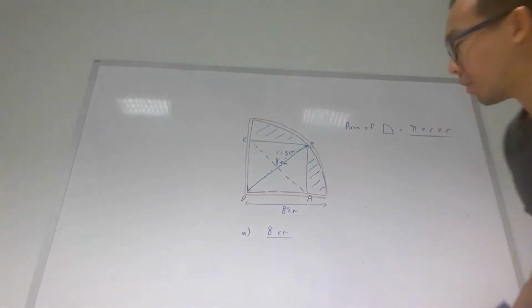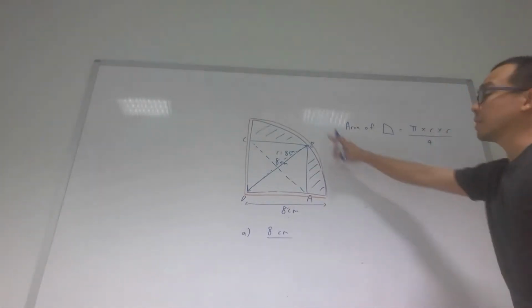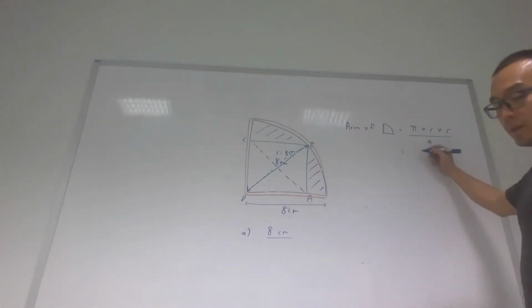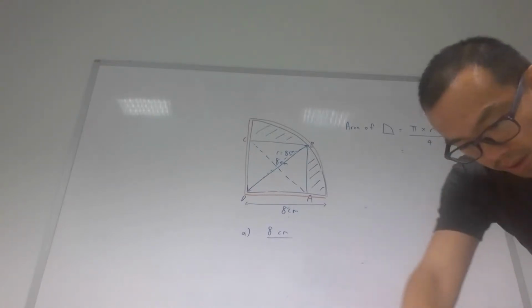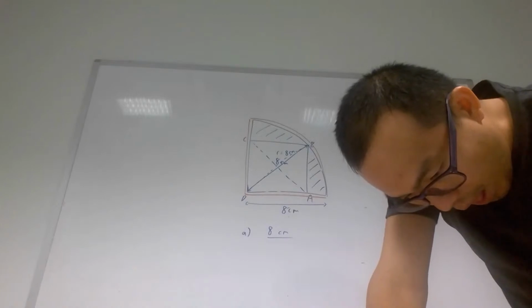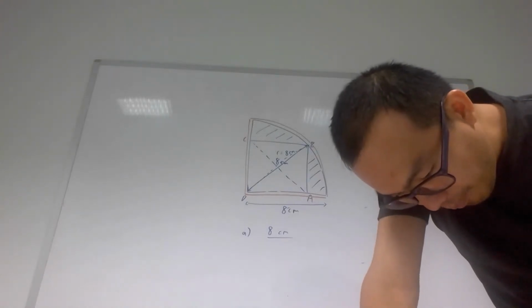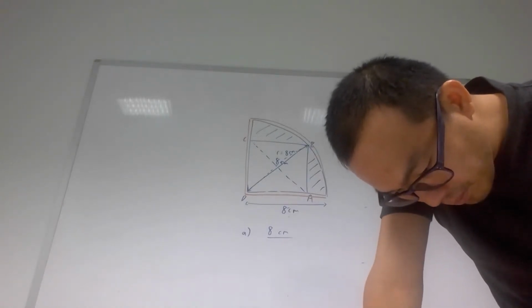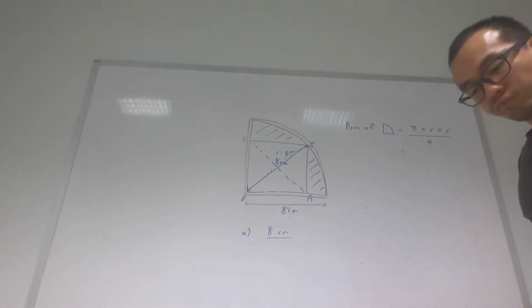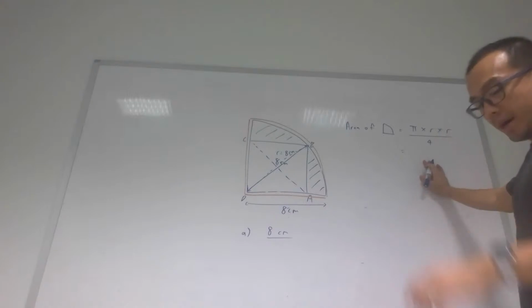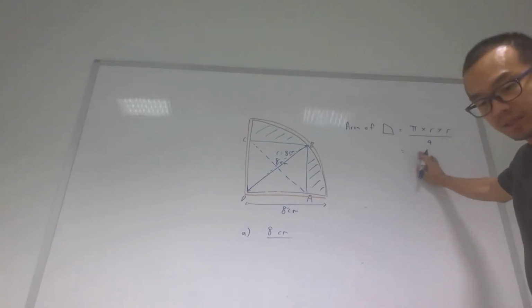Okay, very good. 4. Because it's a quarter circle, divide by 4. Pi is what? They didn't tell you what pi is now. If they tell you what pi is, I'm going to leave it in pi.